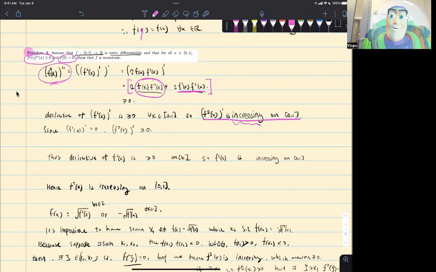Recall we have another assumption, which is f(0) is equal to 0. Let me think about this. If f(0) is equal to 0, it is not necessarily that f prime of 0 is equal to 0.